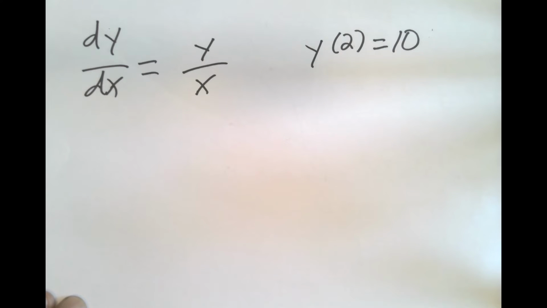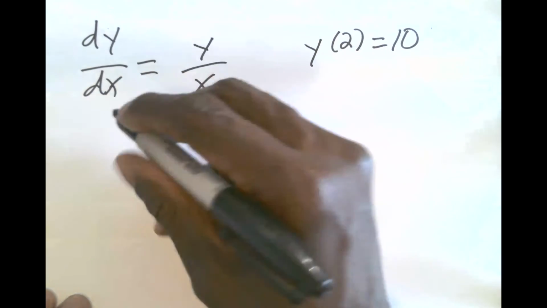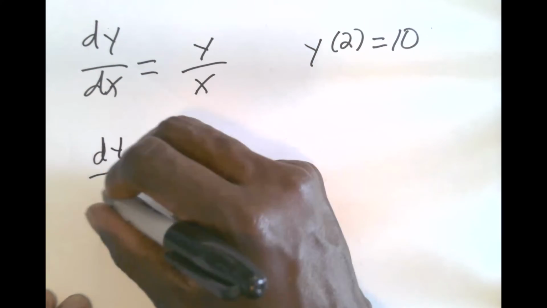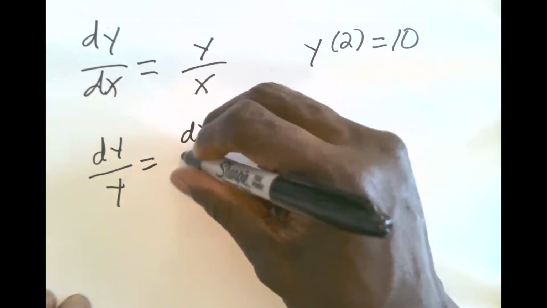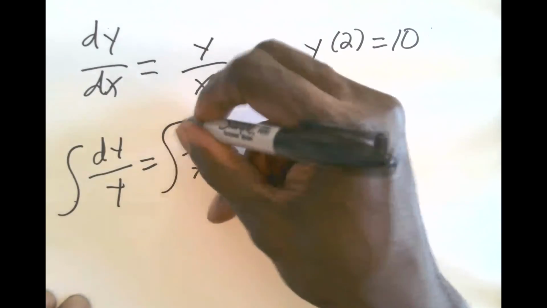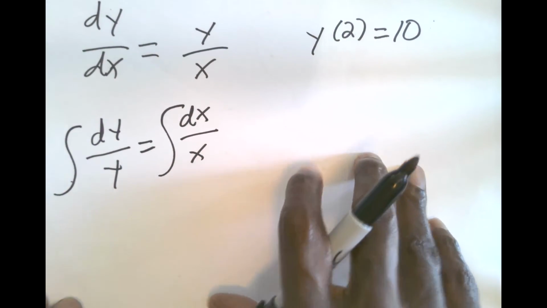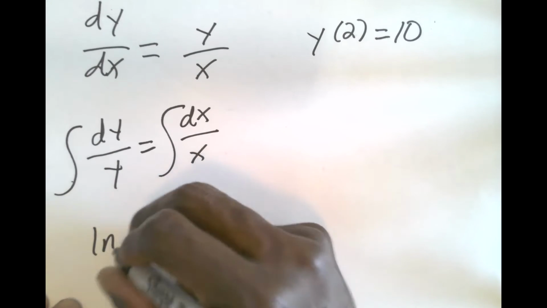So let's go ahead and solve this particular one. Let's separate and integrate. And so we'll get dy over y equals dx over x. First we separate, then we integrate. Just follow these steps and you will do great. So of course, the integral of dy over y is ln y.